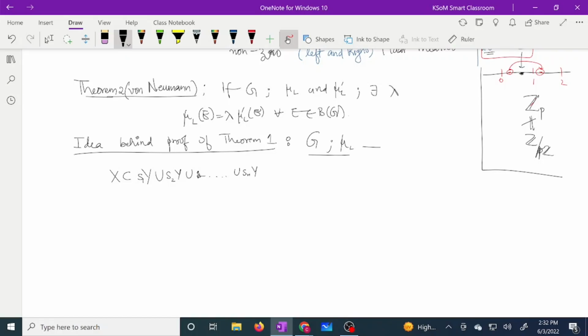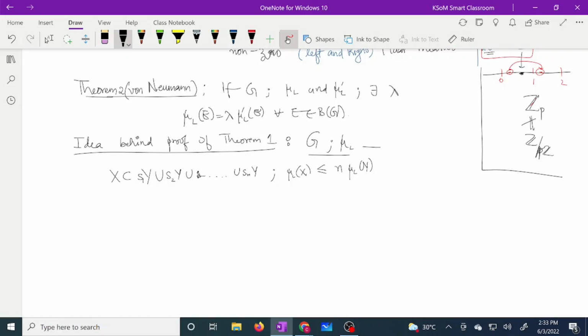Okay, suppose this happens, with finitely many translations you take of y. Then by the usual properties of measure that we know, we expect mu L of x to be less than or equal to n times mu L of y. How did this happen?